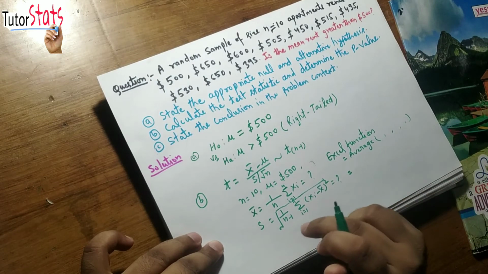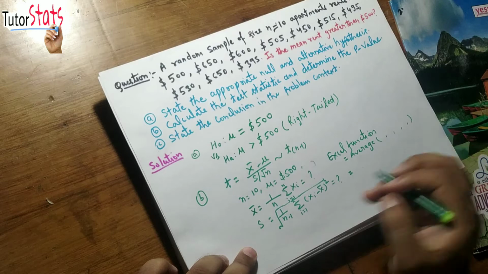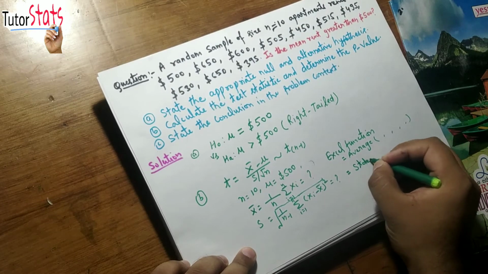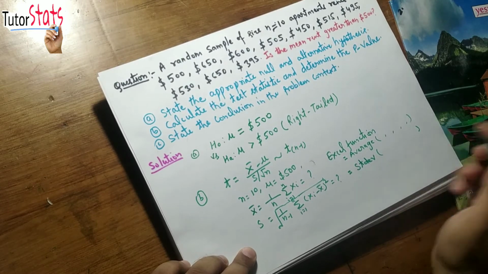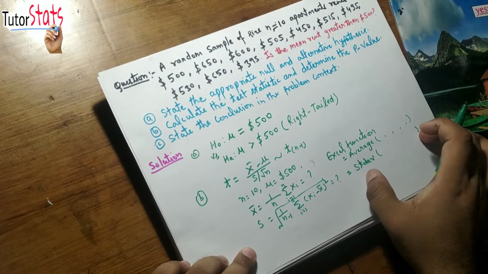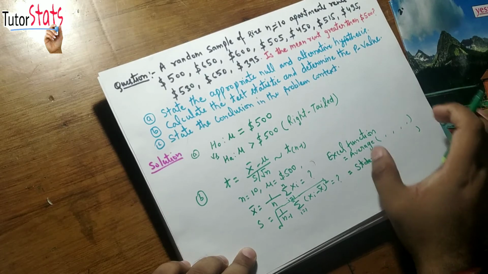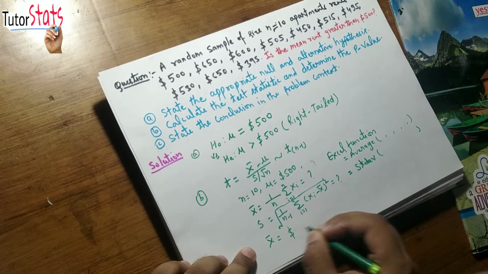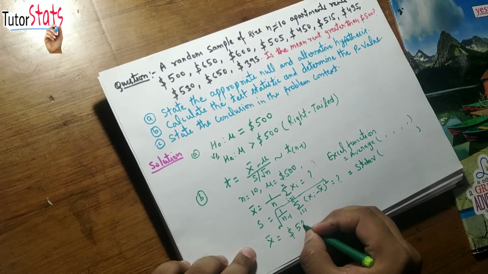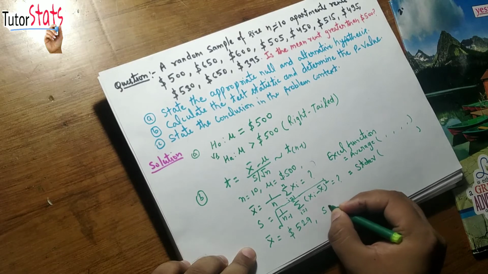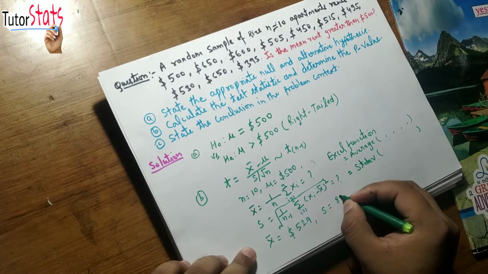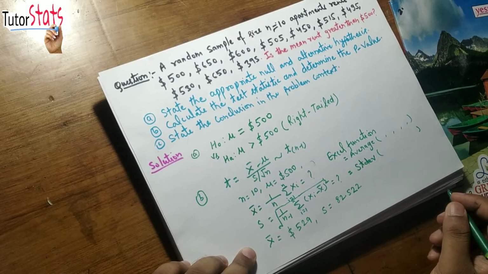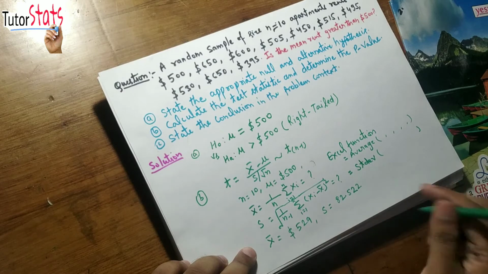Similarly for the sample standard deviation, we will use the Excel function. So by using these two Excel functions we can calculate the value of x bar, that is $529, and S, the sample standard deviation, is 82.522.